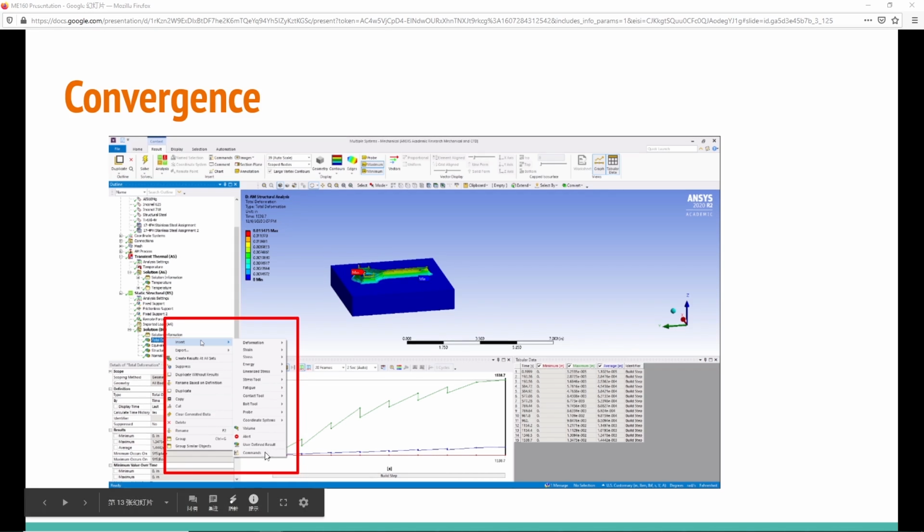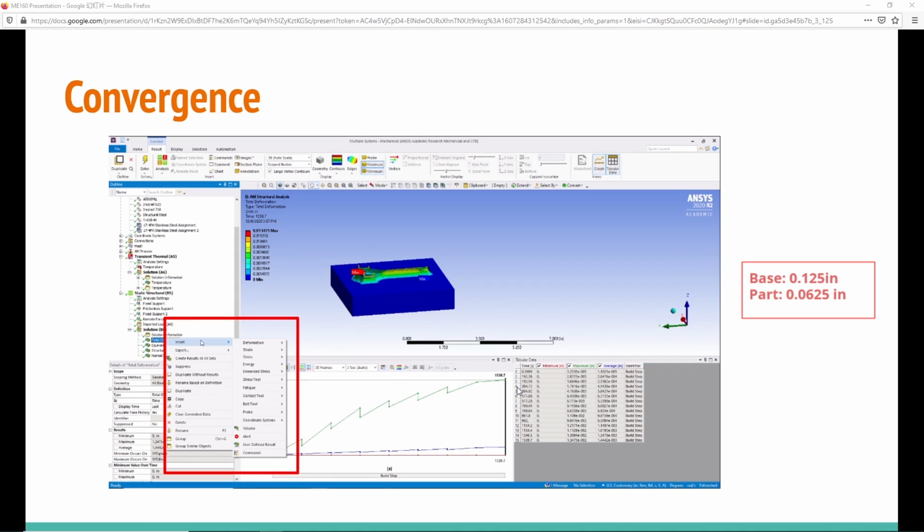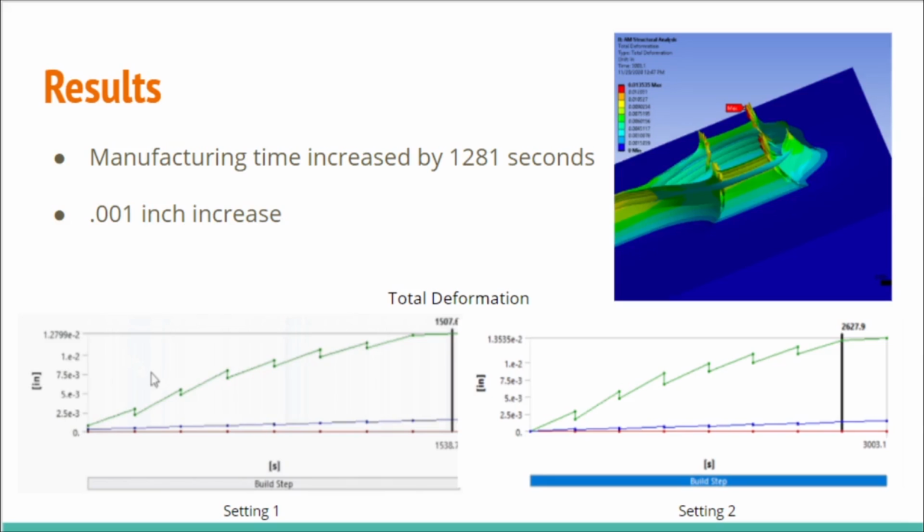So we basically just took the meshing size as in the lecture video, which is 0.125 as well as 0.0625.